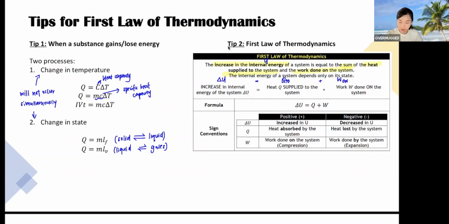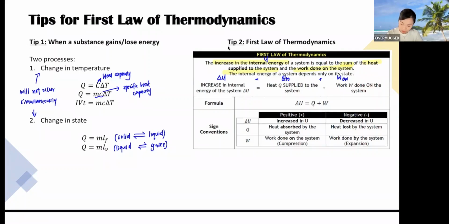This is very important for you to know, because if let's say I have Q supplied out of the system, then it will be negative Q into the system, okay? And if it's work done by the system that you have, then it will be negative work done on the system. So you need to put your negative sign accordingly, okay?